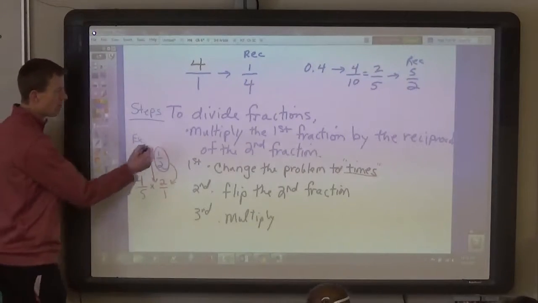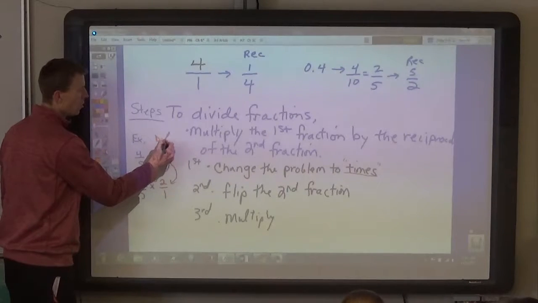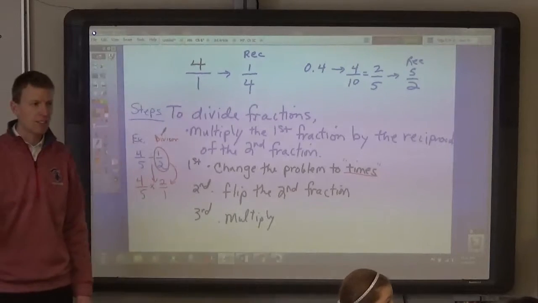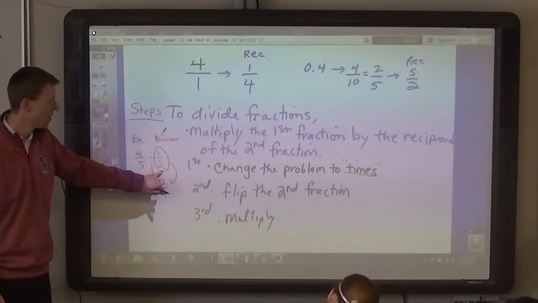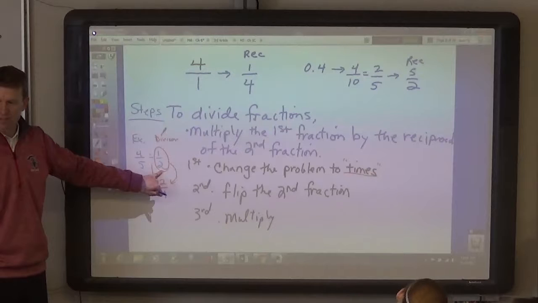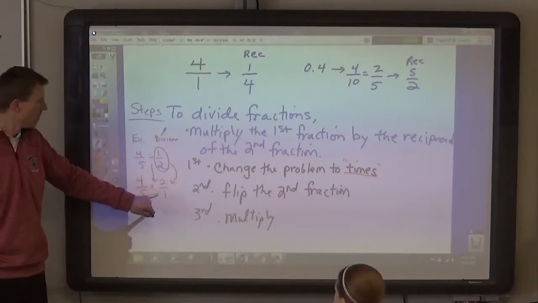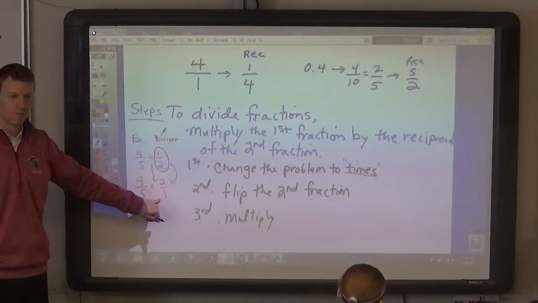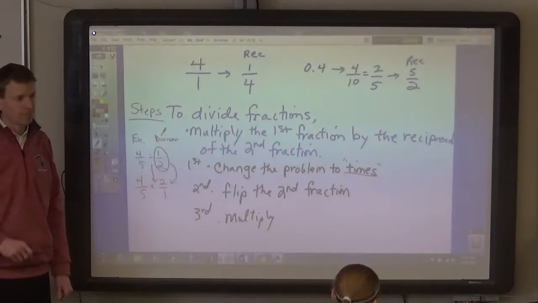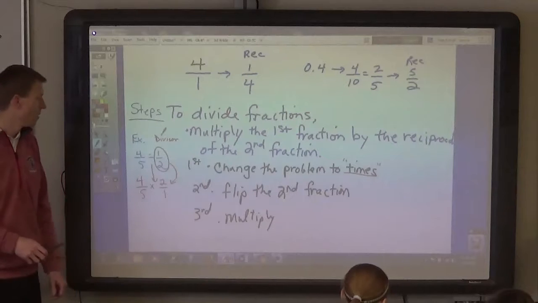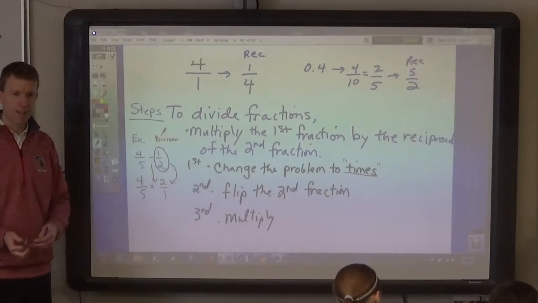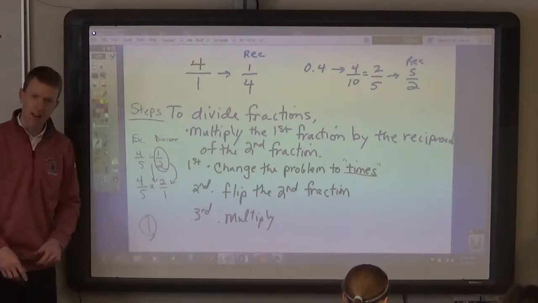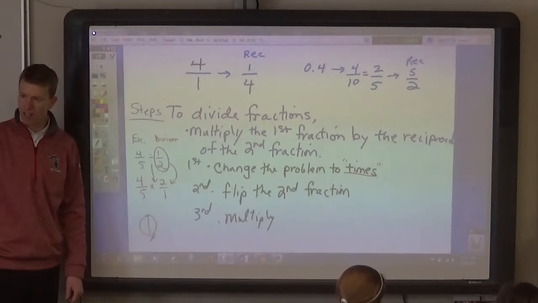Okay? This is called the divisor. So if you read the procedure in your book, it'll say, use the reciprocal of the divisor to find the answer. Here's why. Remember when I said that dividing by 1/2 is like taking the whole numbers and dividing them in half and then finding all the pieces?